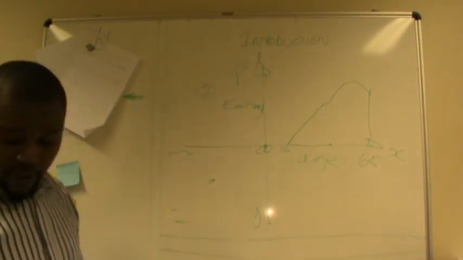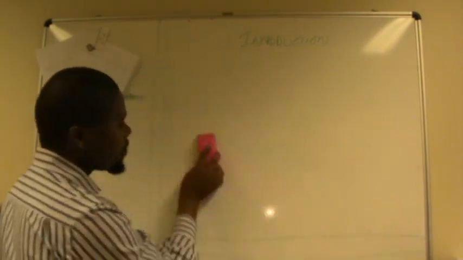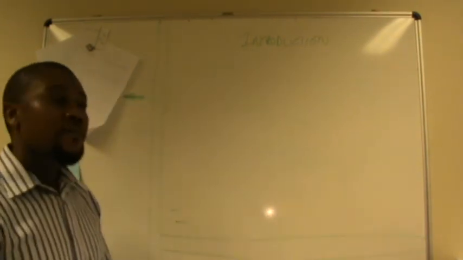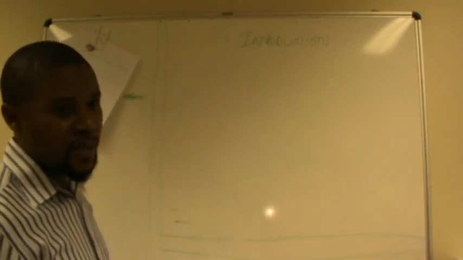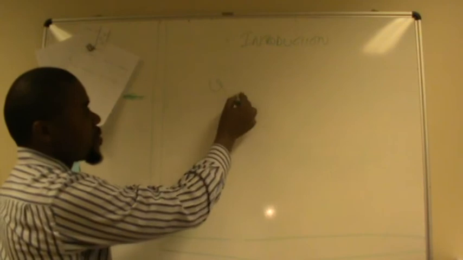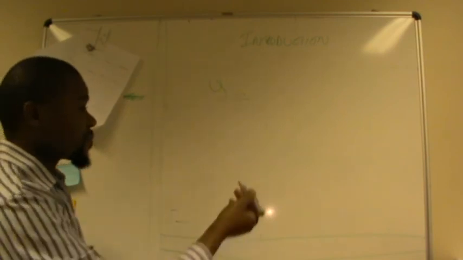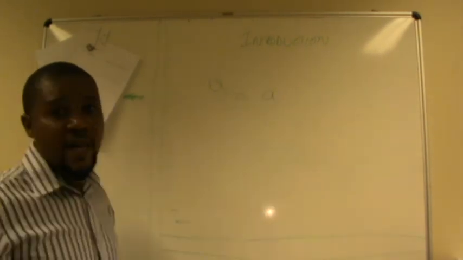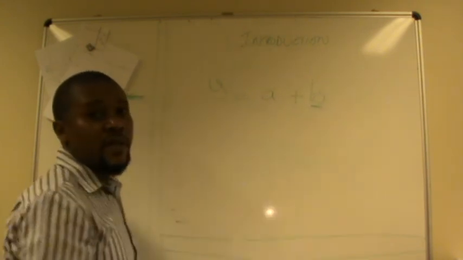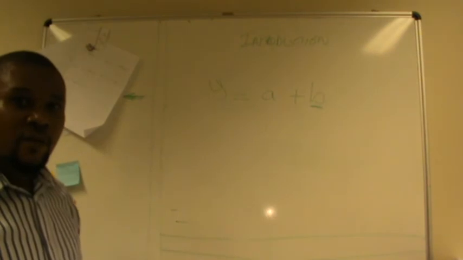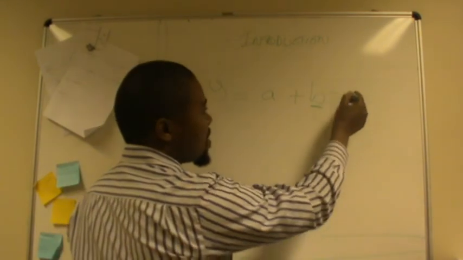So the relationships that we often have in economics are linear, and in basic economics, some of them are quadratic relationships, but we often focus on linear equations where y equals some intercept, say a, plus the slope of the relationship that you are talking about, and x.